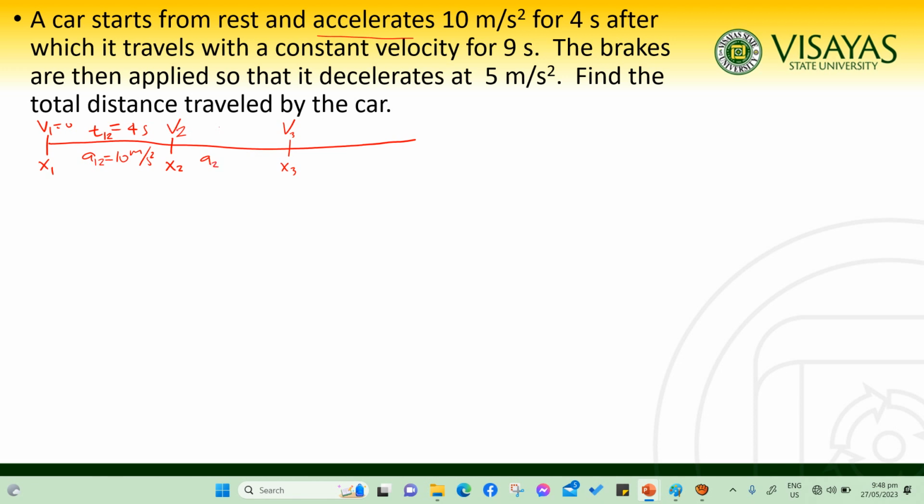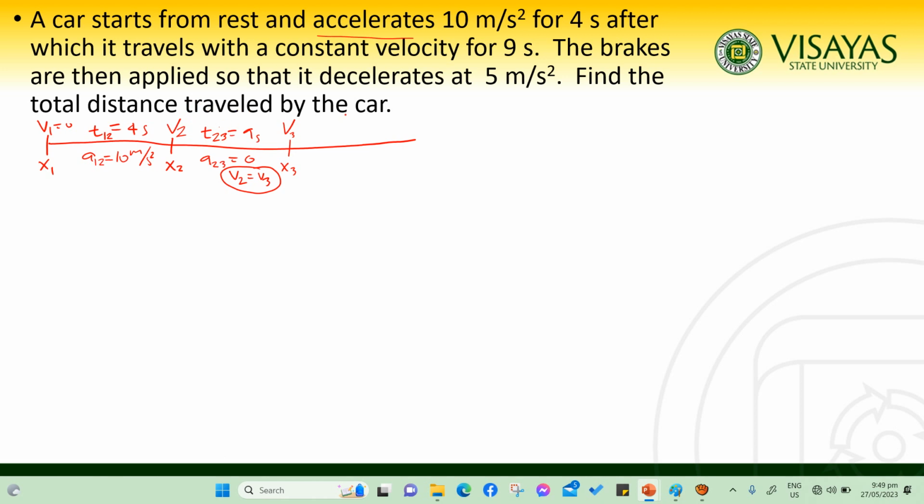Acceleration from 2 to 3 is equal to 0. Why? Because velocity 2 is equal to velocity 3. The acceleration is constant, so we have to consider this one. And the travel from x2 to x3, I'm going to note as t23 equal to 9 seconds.